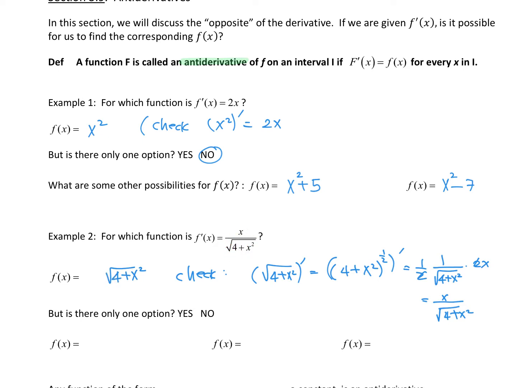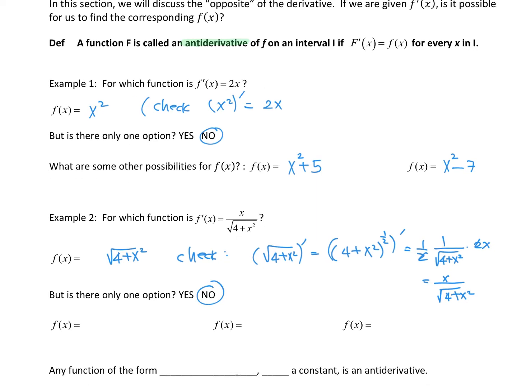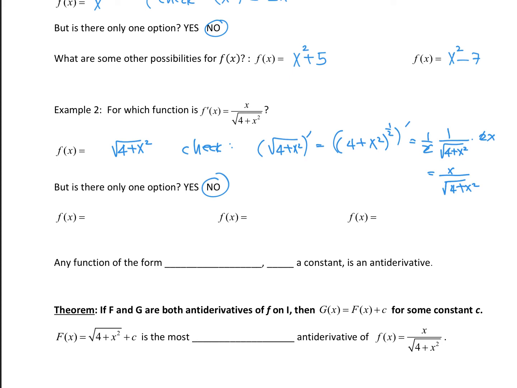Again, is it the only option? No. Once I know one antiderivative, I can do radical 4 plus x squared plus 7. I can do radical 4 plus x squared minus 3. I can do radical 4 plus x squared plus 102, whatever.